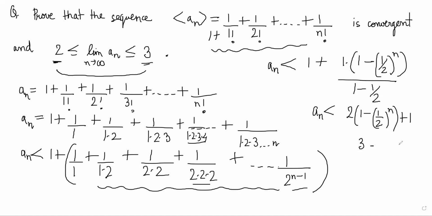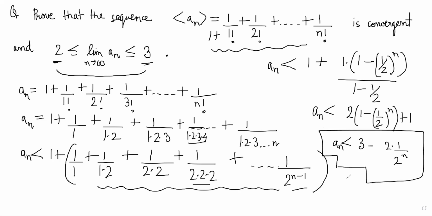This is 3 minus 2 into 1 by 2 power n. Right? An is just less than 3. So you'll get this upper bound. Correct? Correct.